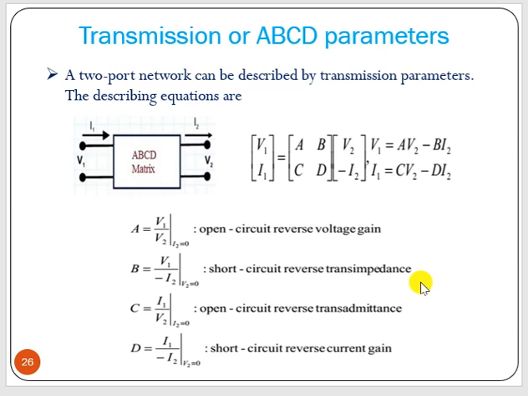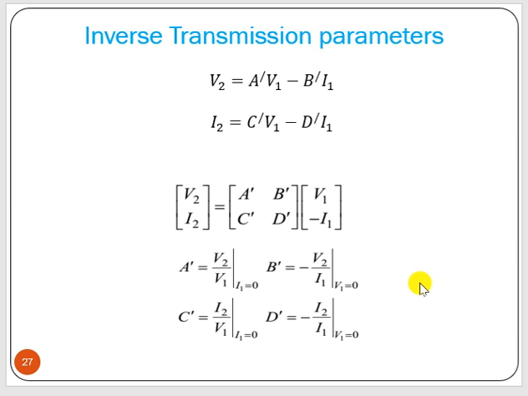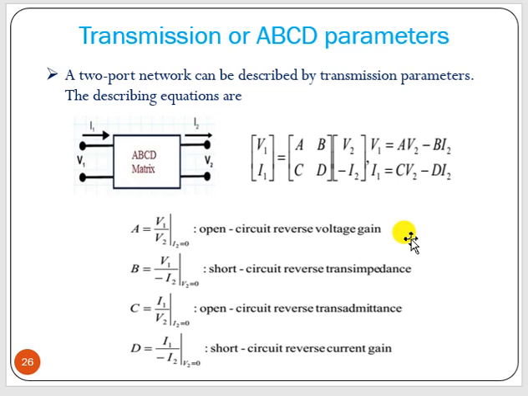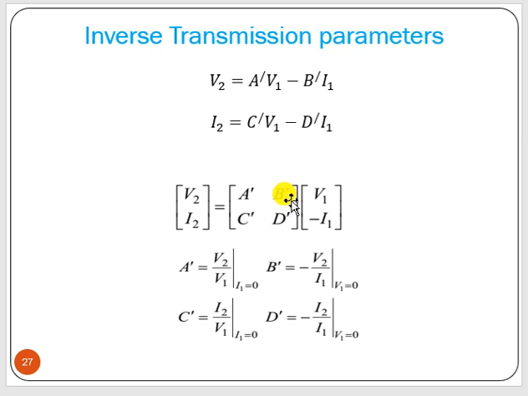Okay. Now we can have the inverse transmission parameter. In the transmission parameter we have considered V1, I1 here, but for the inverse transmission parameter we have to consider V2, I2. Then we can write V1, I1 instead of writing A, B, C, D as A dash, B dash, C dash, D dash. Then we can find the values of A dash, B dash, C dash, and D dash by making either I1 0 or V1 equal to 0.